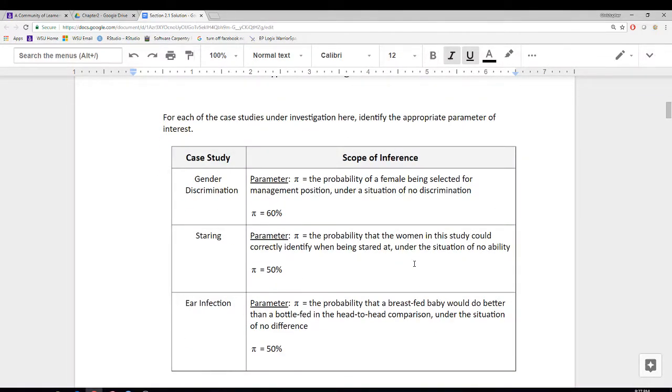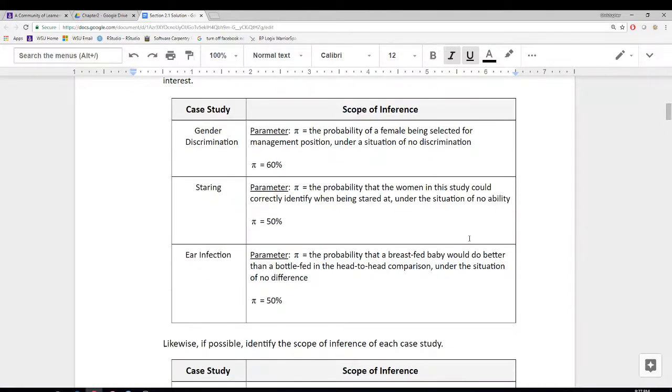For each of these case studies under investigation here, we will next identify the appropriate parameter of interest. For the gender discrimination example, the management pool contains 60% female and 40% male. The parameter here is the probability of a female being selected for a management position under a situation of no discrimination.